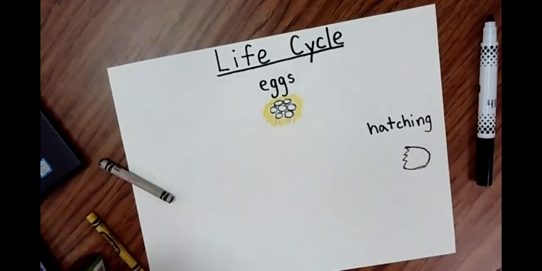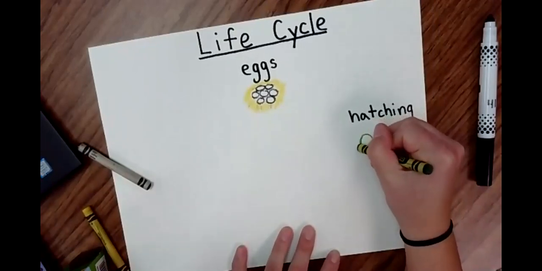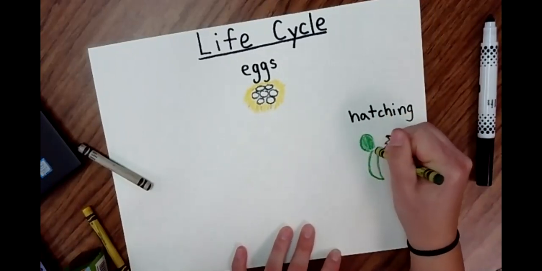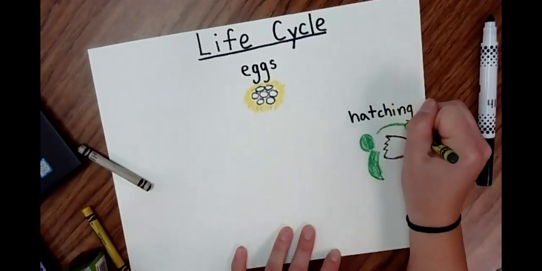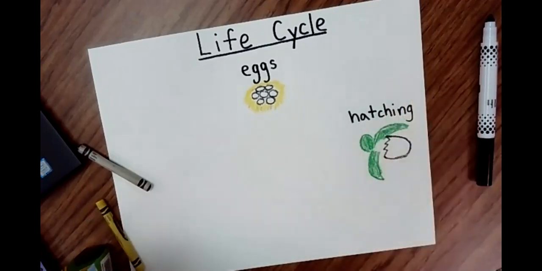Again, notice my picture is not very big. There's my little turtle head. Going to draw his little flippers coming out. There's his other flipper coming out, and then I'm going to draw his shell.